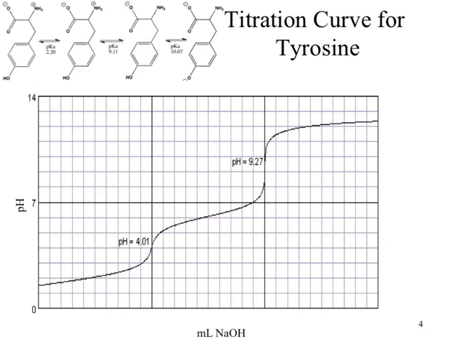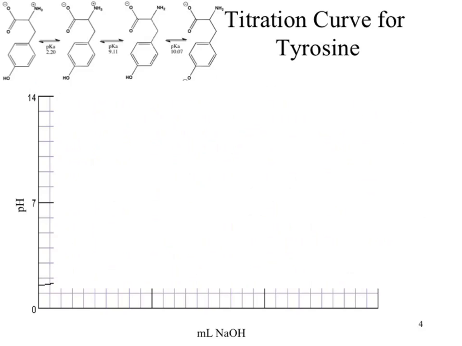How do you know it's a buffer? You get a horizontal section in your curve. Remember, the horizontal section means that the pH doesn't change when you add that base. This curve only shows 2, which means it can't be right. Okay, so let's draw one.